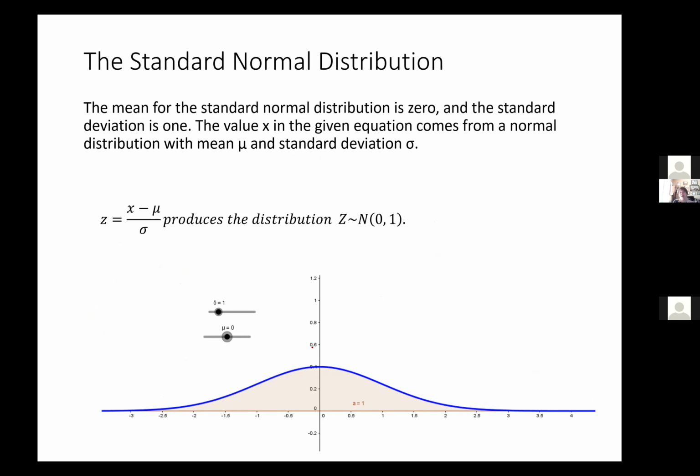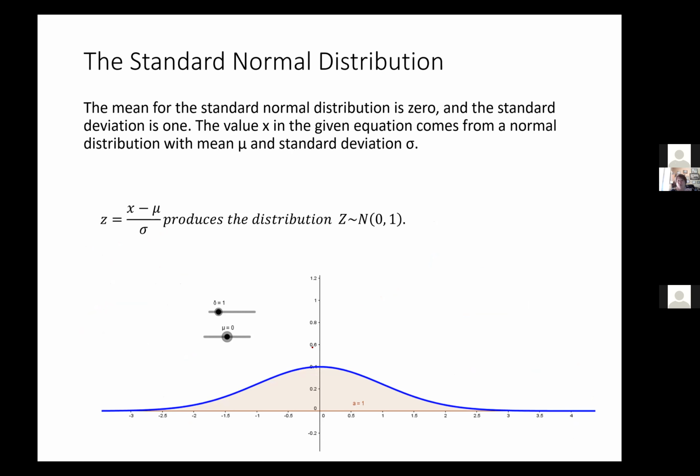If you take a normal distribution and standardize it, and you can standardize any normal distribution, every normal distribution can be standardized, then you force the mean to be 0 and the standard deviation to be 1.